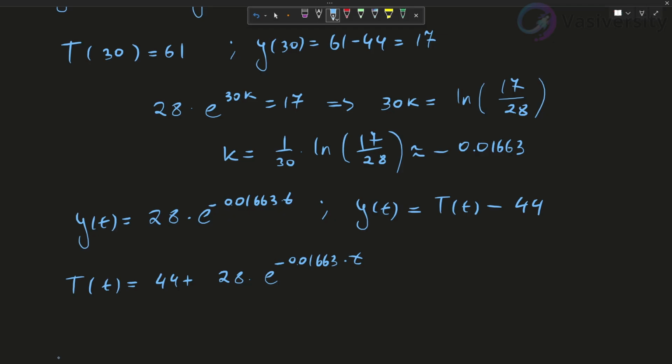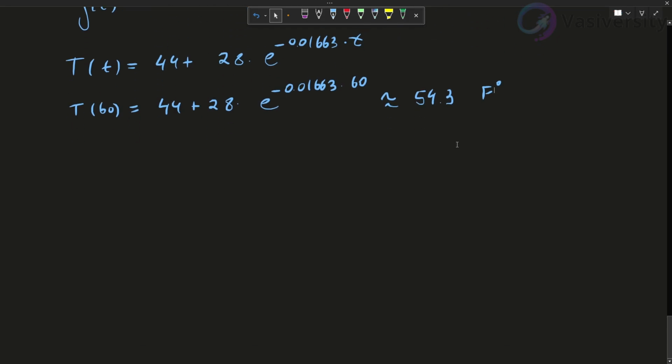So at time 60 minutes, which is an hour, it's going to be 44 plus 28 times e to the negative 0.01663 times 60, which is about 54.3 Fahrenheit. Okay, perfect.